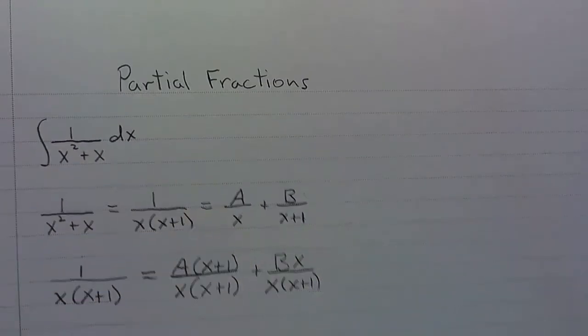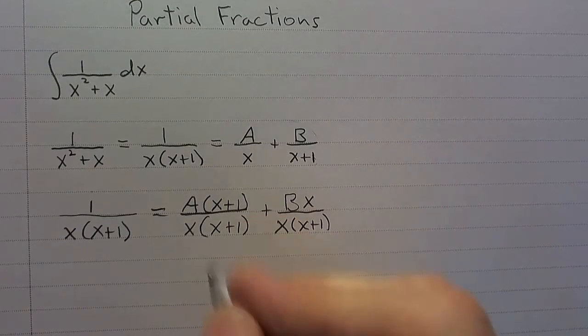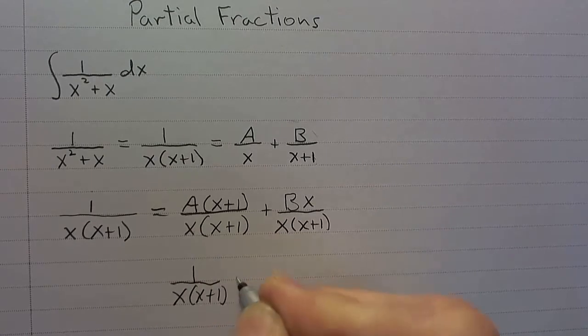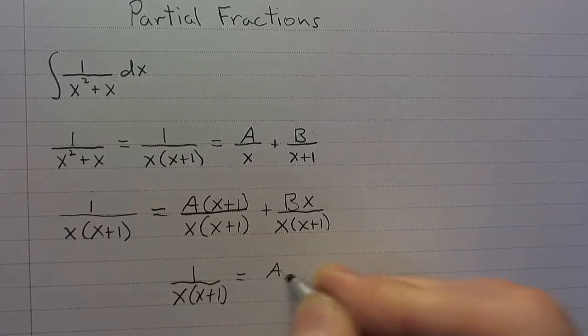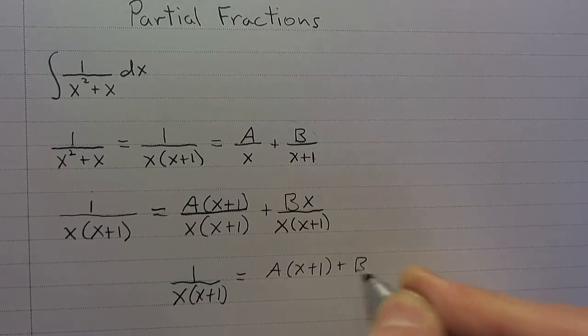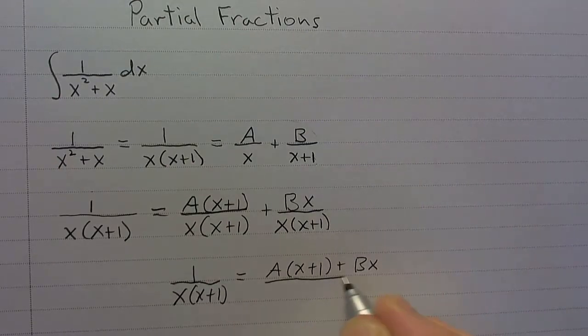Now I can combine the numerators. So we've got 1 over x times x plus 1 equals A times x plus 1 plus Bx over that common denominator. There. So all I've got to do now is figure out what A and B are.